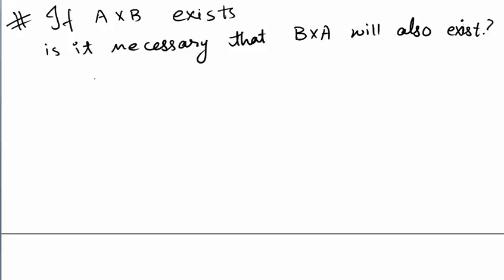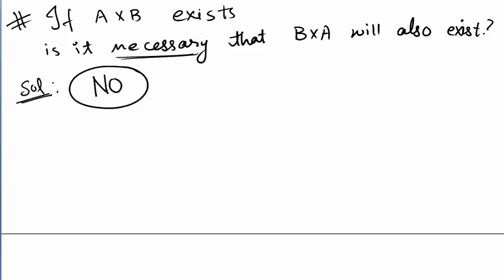There is a big no. Why no? I'll give you a classic example. Let's say there's a matrix A of order 2 cross 3, and a matrix B of order 3 cross 4.